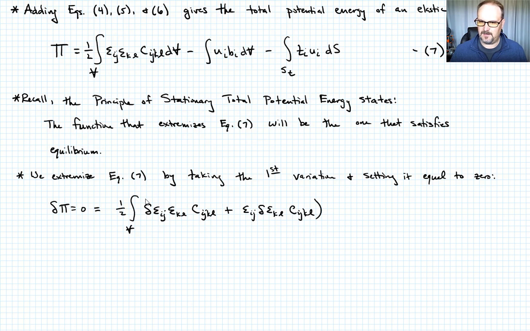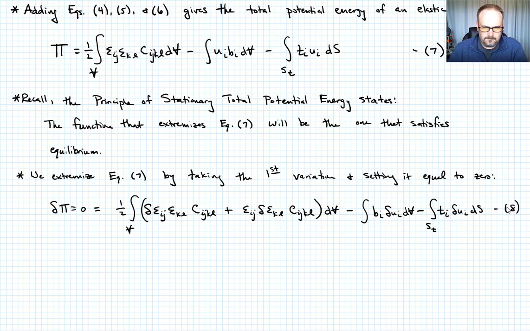Okay, that quantity integrated over the volume, dV, minus the integral of b_i delta u_i, dV, minus the integral over the traction boundary surface of t_i delta u_i, dS. And we're going to call that equation 8.